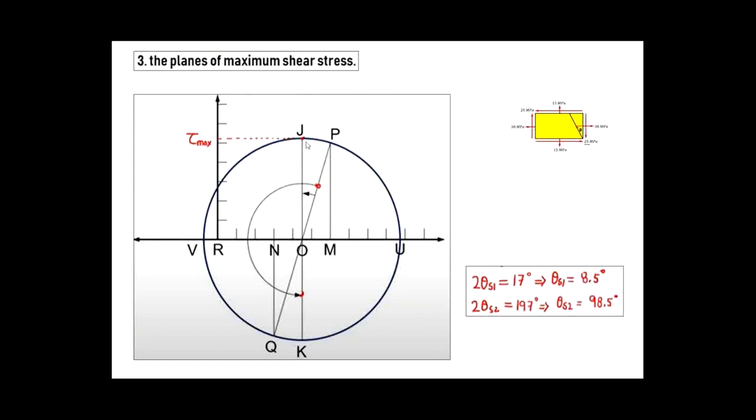From this point the location is tau max, which we have already seen. So for the planes of maximum shear stress, we have the first location and another location, theta s1 and theta s2. Again, the difference between these two is 90 degrees. Always remember, the difference between theta s1 and theta s2 is 90 degrees.